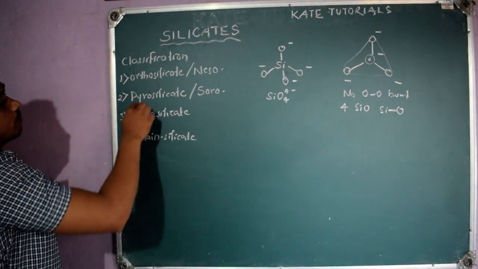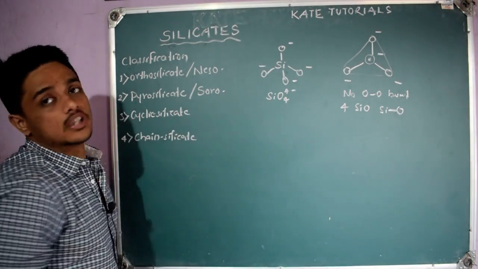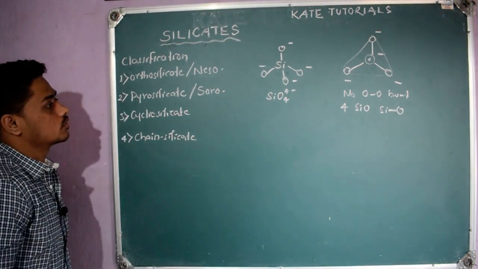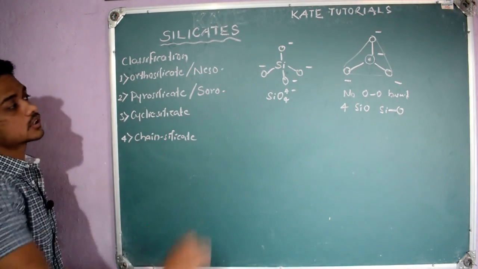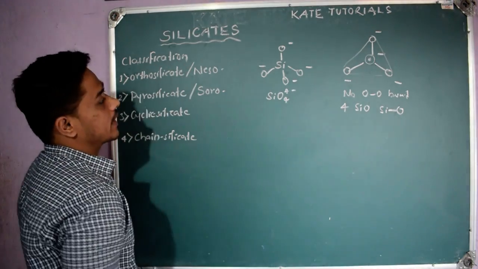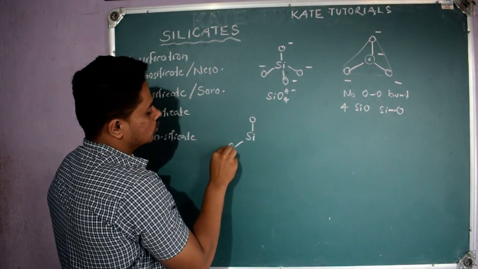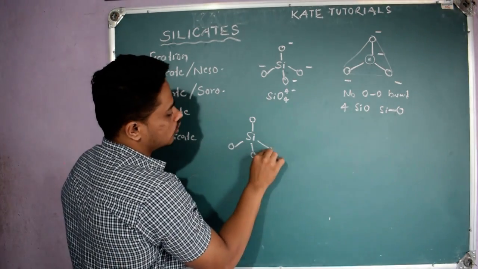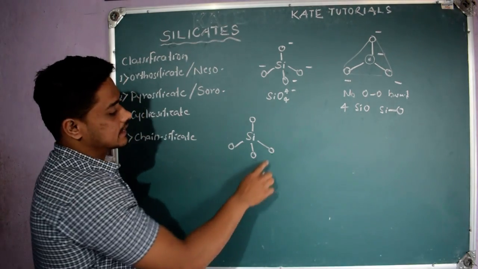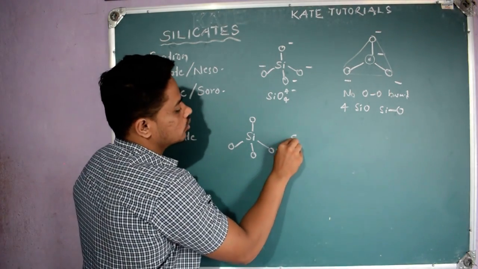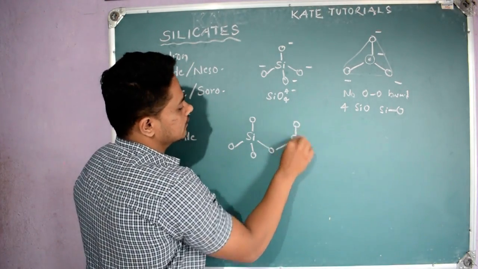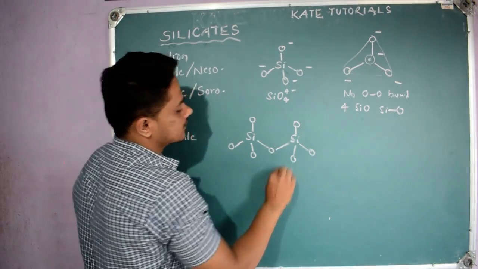Now pyrosilicate or the sorosilicate. What I have told, if two molecules of orthosilicate combine, we will get like this: Si, 1 oxygen, 2 oxygen, 3 oxygen, and the 4th oxygen. This 4th oxygen is common to one more unit, like this, right?